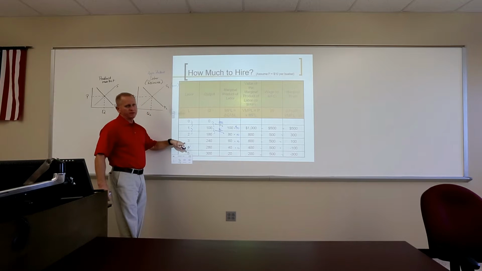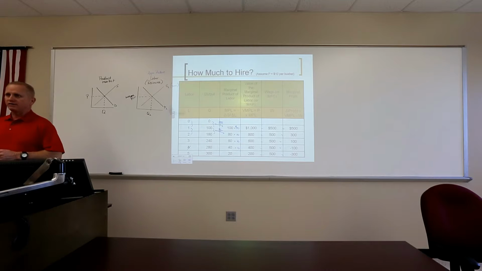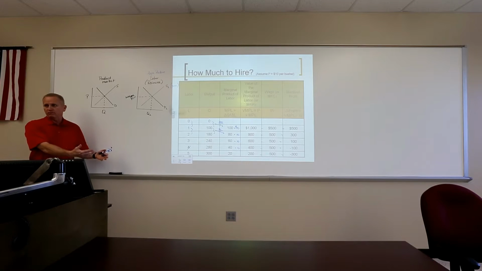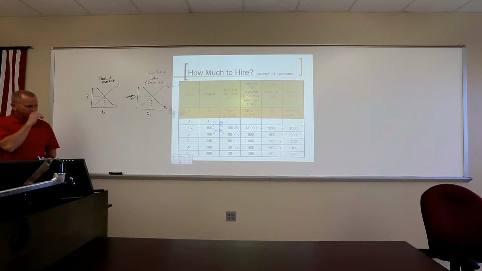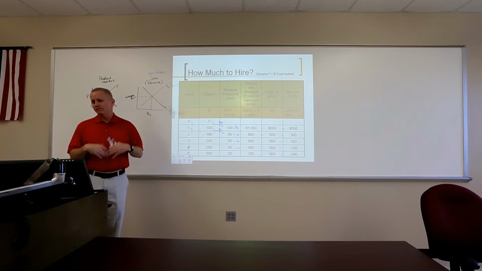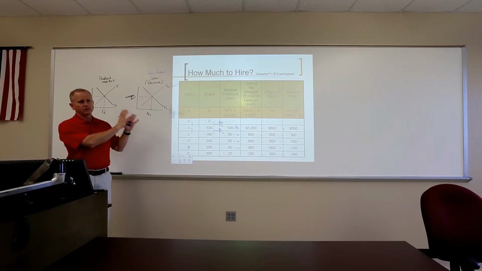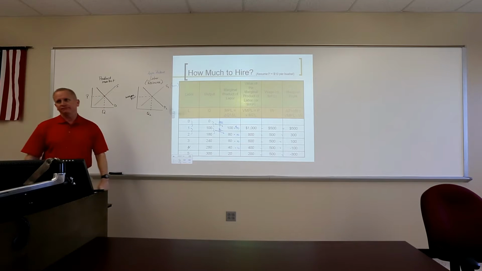So you would stop at the third person, because you're still making a marginal profit of that labor quantity. Again, don't get it confused with the profit of the company, total revenue minus total cost. That's a different thing. This is just for wage or labor. So you wouldn't hire anything past 3 because it's all going to be negative after that.